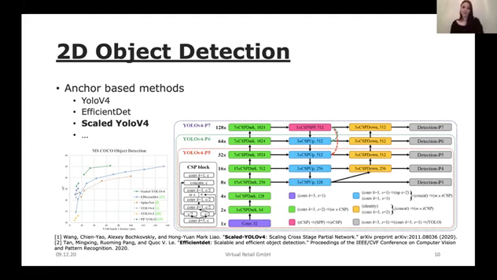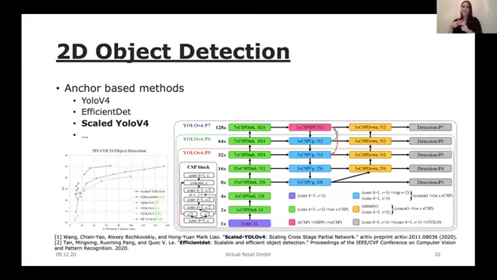To be able to do the scaling efficiently, there is a specific compound scaling method proposed for object detection frameworks. You probably heard about EfficientNet, which proposed a compound scaling for the backbone structure.